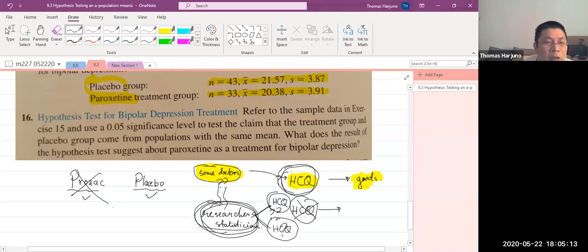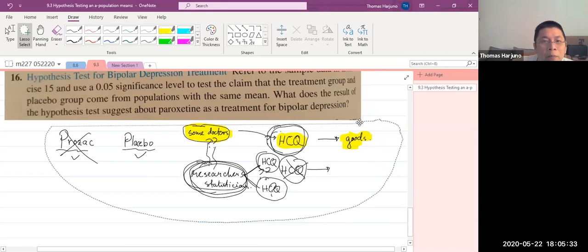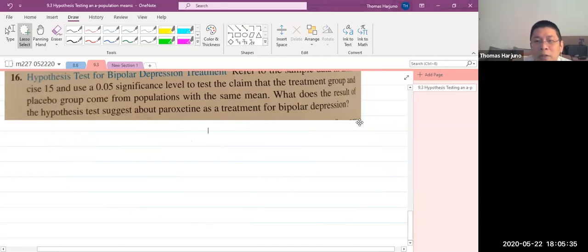Now, the reason I use Prozac is because in the past they did research and found out that the result is better than placebo, even though it's not perfect. Even though it's not perfect. If I go into your daily life, just ask yourself about the headache medicine. Which headache medicine is effective for you?